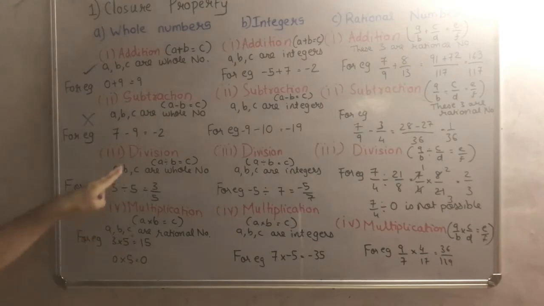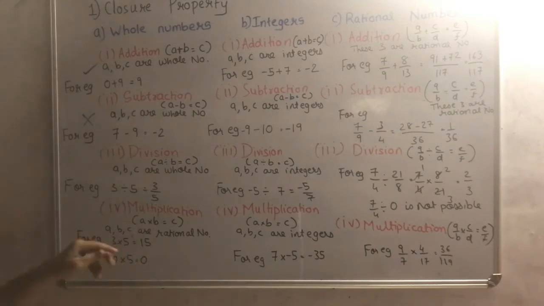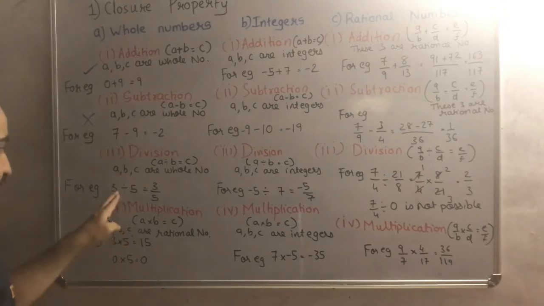Okay, so now division. a divided by b equals c, meaning a is a whole number, b is a whole number, and the answer c should also be a whole number. When we divide a whole number by another whole number, is the answer a whole number? 3 divided by 5: 3 is a whole number, 5 is a whole number, the answer is 3 by 5.